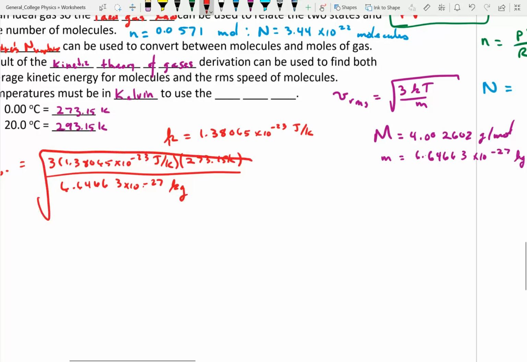Square root that whole thing, and we get 1,305 meters per second. Of course, to correct significant digits, that is again going to be 1,300 meters per second.